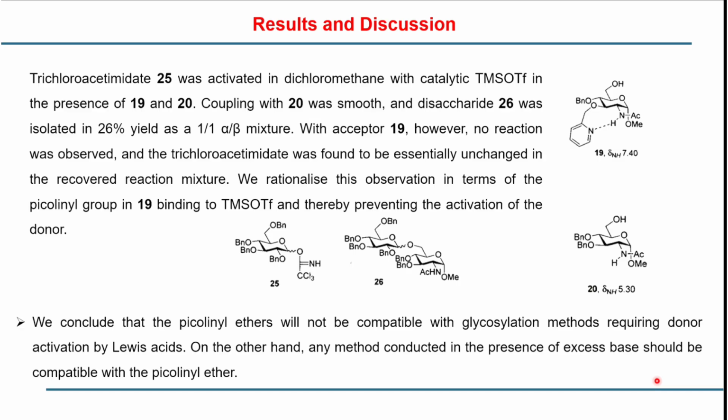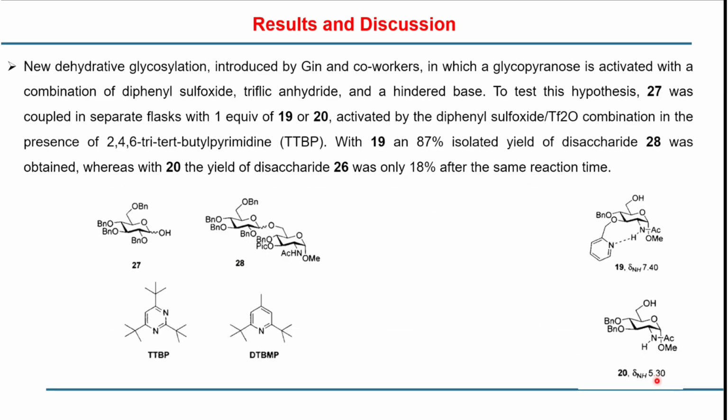compatible. So for that, they took the dehydrative glycosylation method that was introduced by Gin and coworkers. In that, 27 is a hemiacetal. They pre-activated 27 using diphenyl sulfoxide, triflic anhydride, and a hindered base like TTBP or TTBMP.